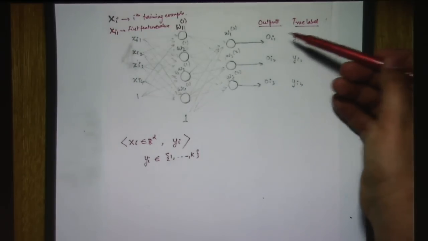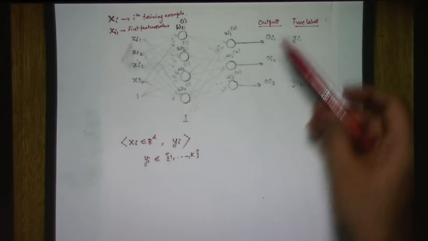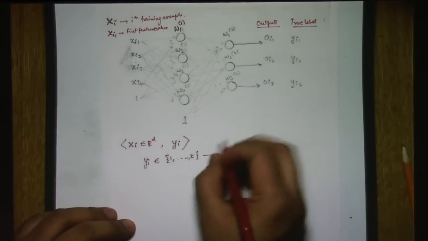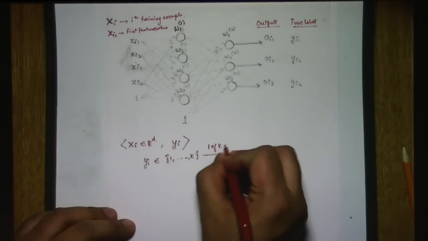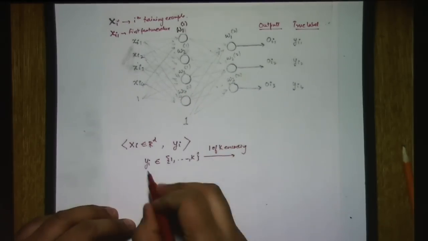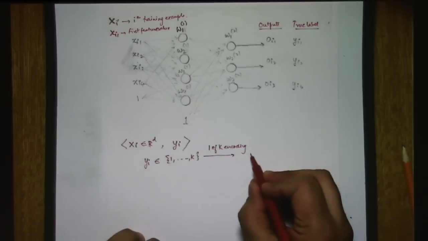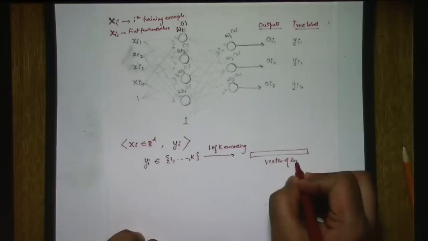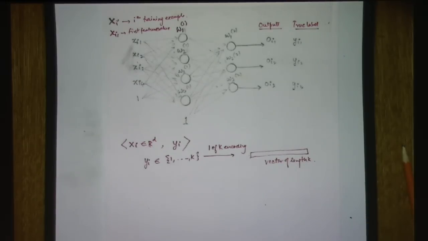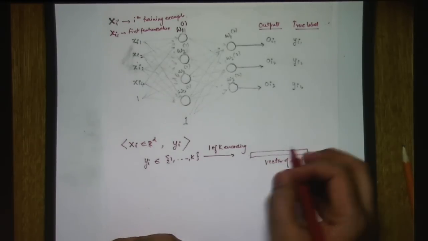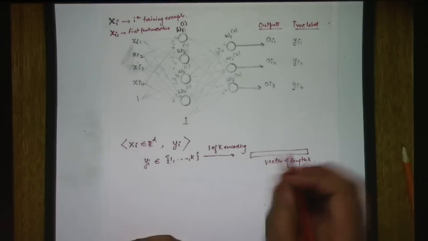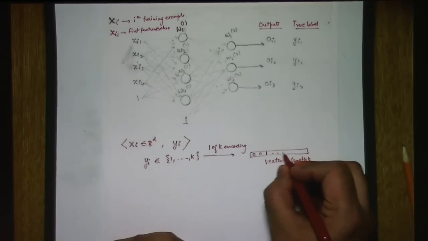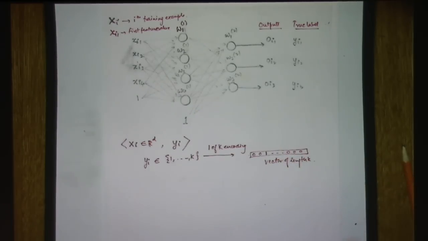But we want to compare that yi with these outputs. So what we do is the 1 of k encoding: we convert all of these categorical values into a vector of length k. If yi was 5, we set the 5th value to 1 and everything else to 0. So we just convert it into a vector.